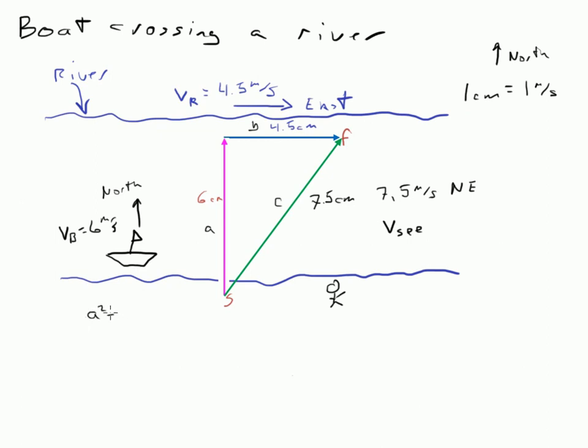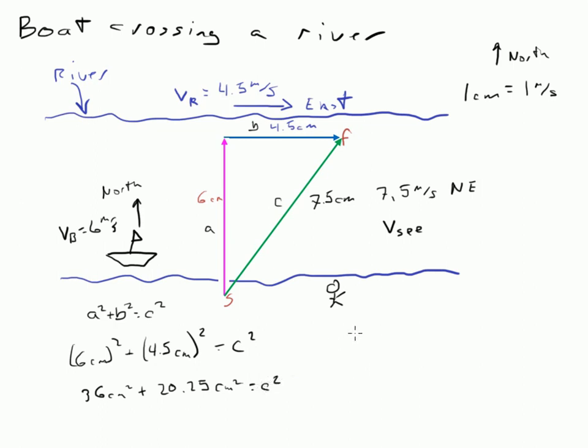A squared plus B squared equals C squared, and so we have 6 centimeters squared plus 4.5 centimeters squared equals our C squared. So we get 36 centimeters squared plus 20.25 centimeters squared equals C squared.